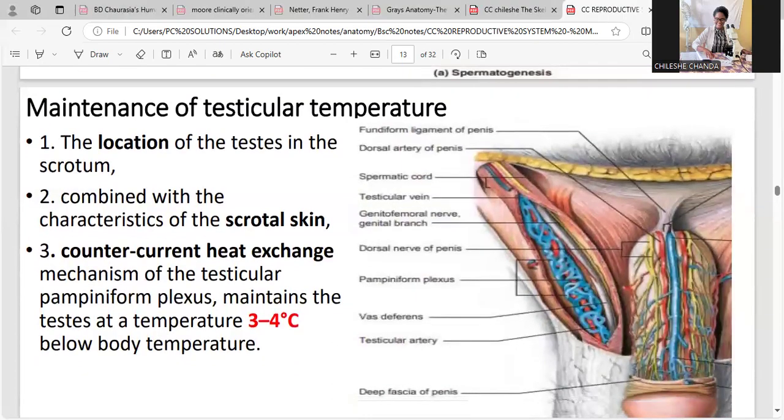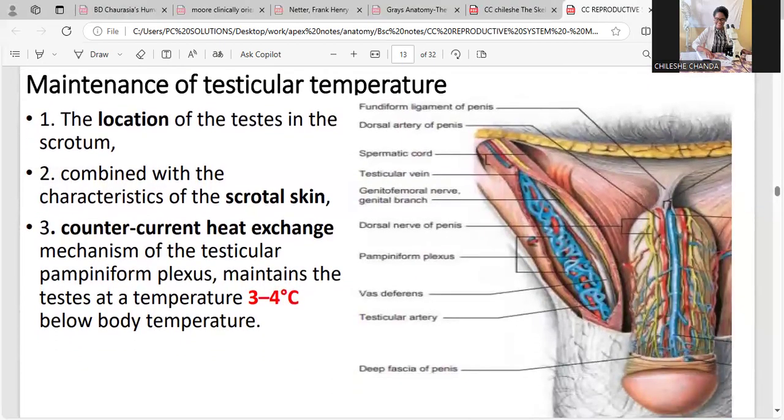Now, you may have noticed, especially if you're male, that the testes are slightly cooler than the rest of the body. They are usually at a temperature of 3 to 4 degrees Celsius below the normal body temperature.